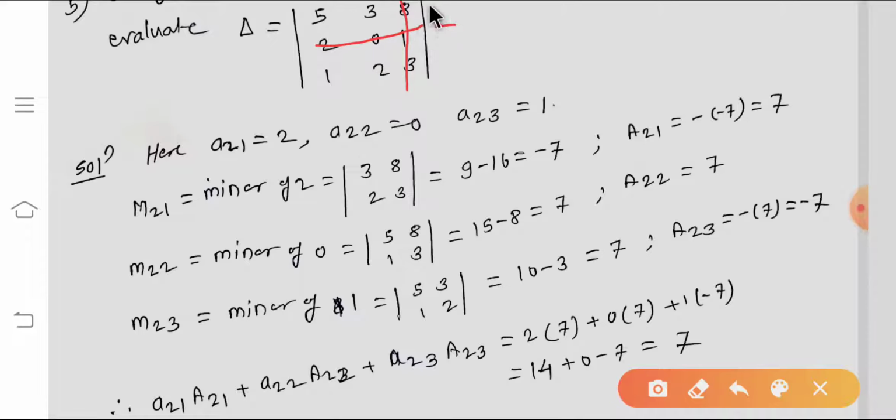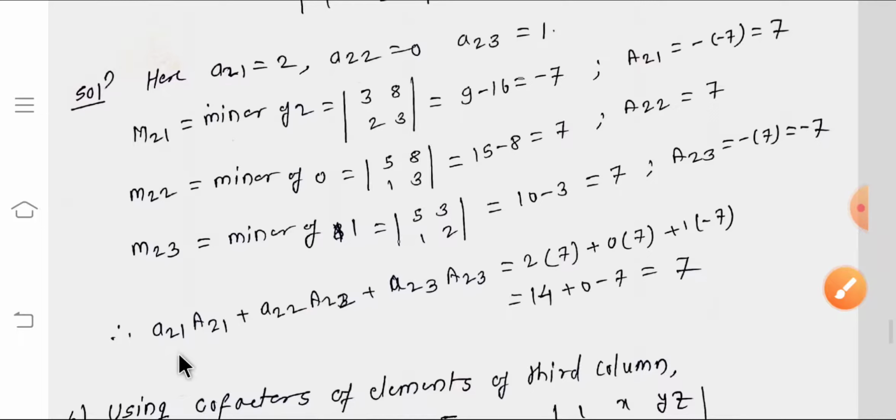The signs alternate: positive, negative, positive. Therefore their sum is A21 capital A21 plus A22 capital A22 plus A23 capital A23, which is 2 into 7 plus 0 into 7 plus 1 into minus 7, that is 14 minus 7 equal to 7, and hence the solution.